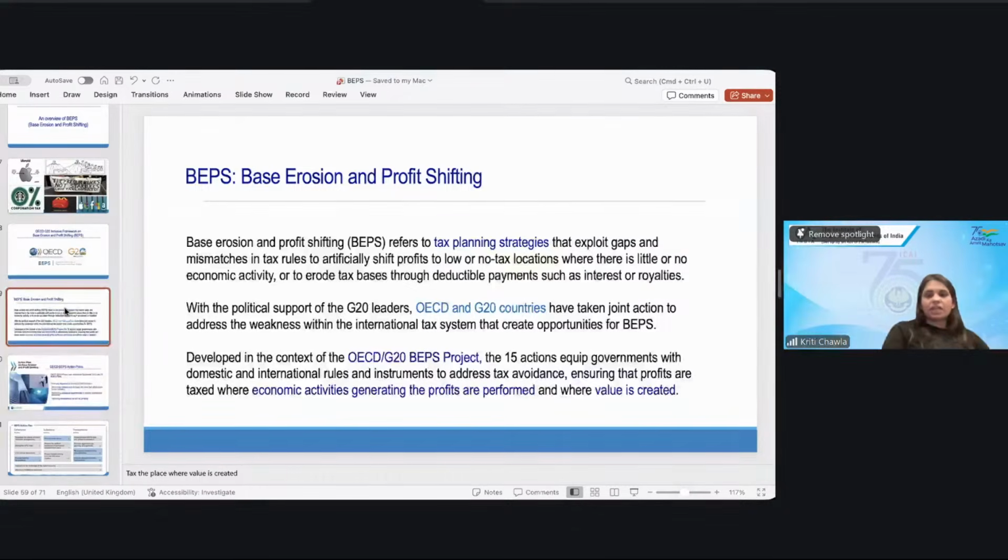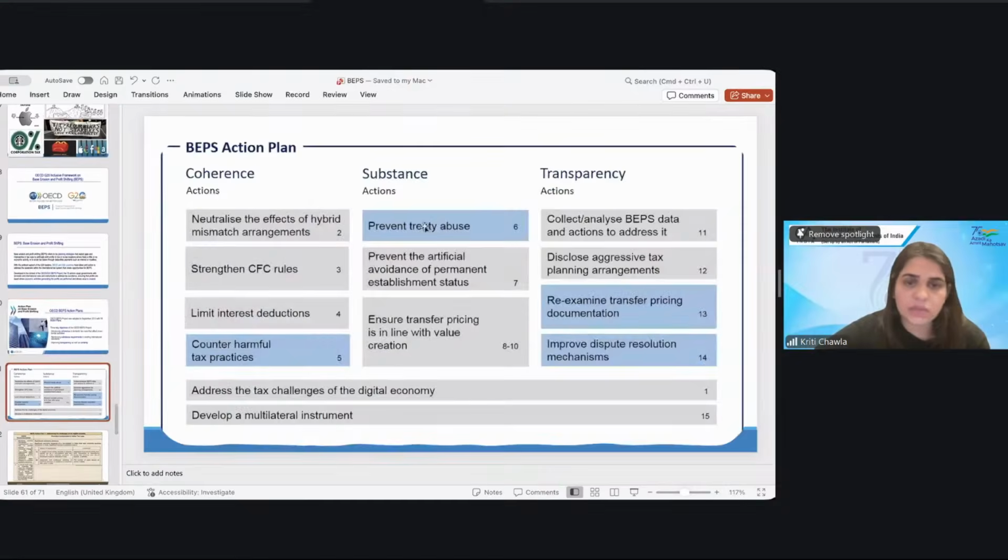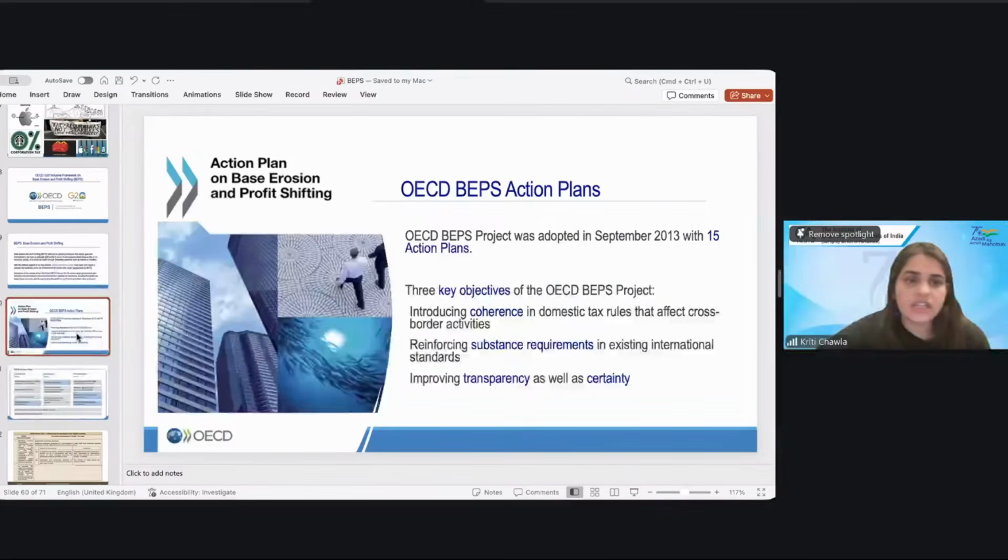They developed rules to make sure these tax avoidance situations do not happen, and profits are taxed where the economic activities generating those profits are performed, and where value is actually created. So there were these 15 action plans under BEPS that we'll be talking about.